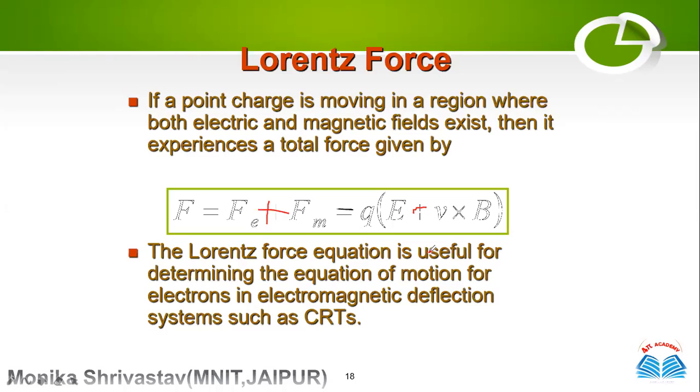The charge is Q. So the Lorentz force is basically the combination of electric force and magnetic force. The electric force we can write as QE, the magnetic force we can write as QV cross B, and thus we are getting the Lorentz force F equals Q(E plus V cross B).